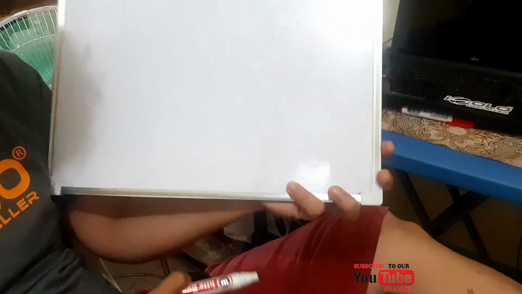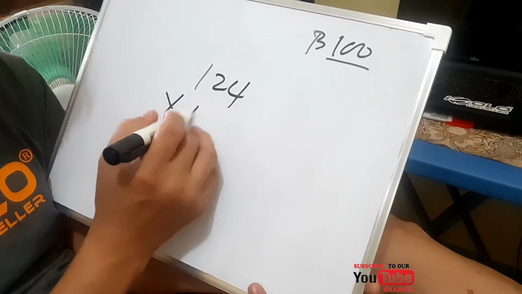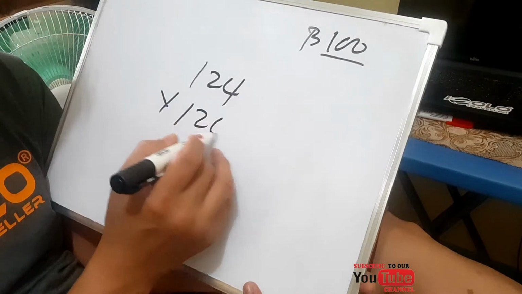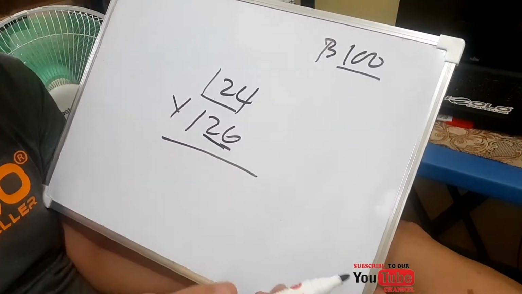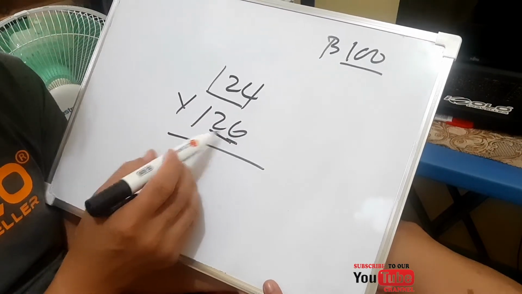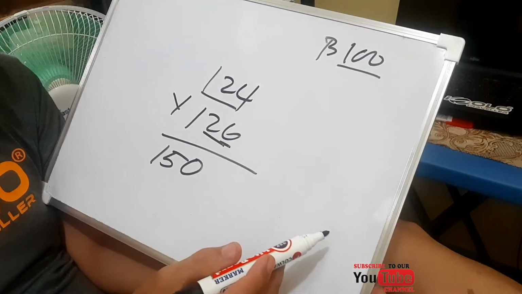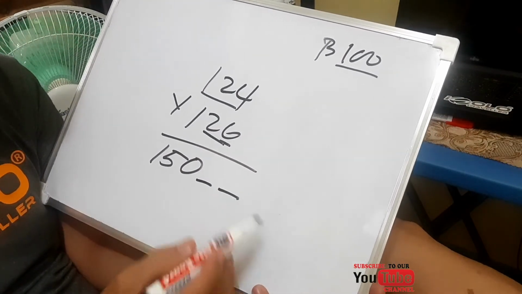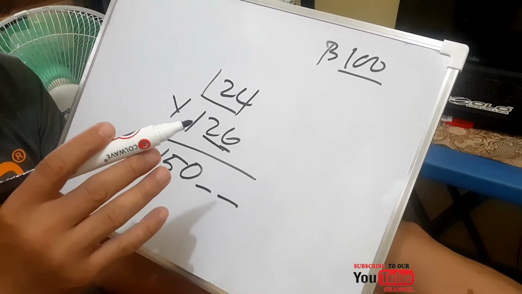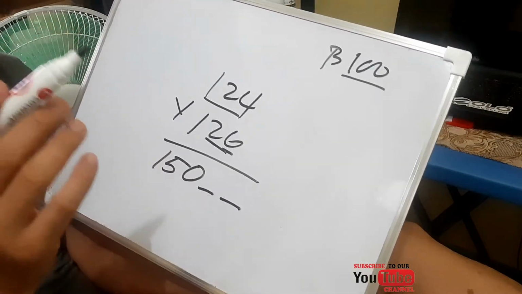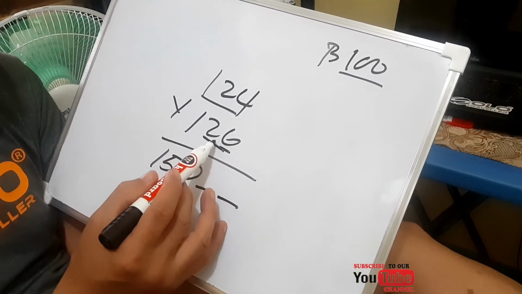Let me give you another example. 124 times 126. Add this 124 to 26. 124 plus 26 is 150. Since we have 2 zeros in our base 100, put 2 spaces there. Now, remember, in our past video, we learned how to multiply these special numbers.